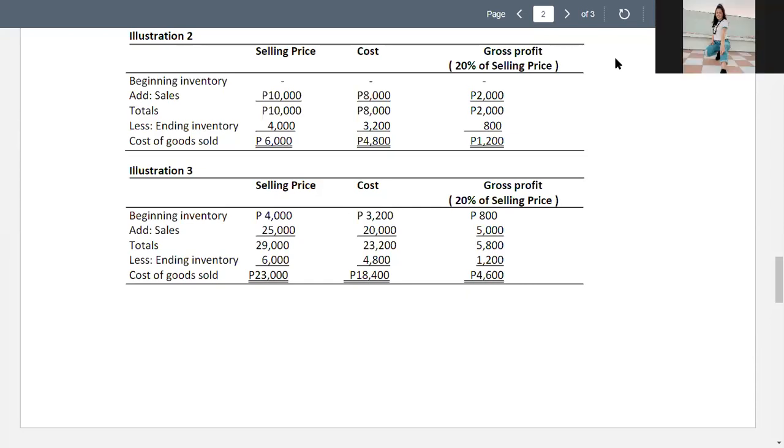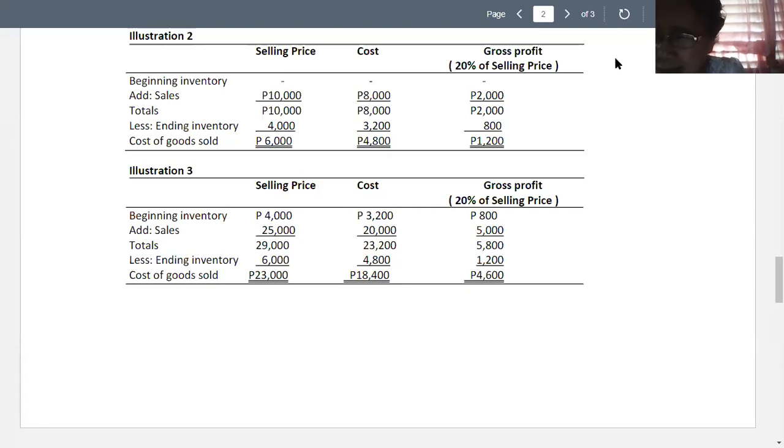The second entry is to debit cost of goods sold by 800 and to credit inventory by 800.